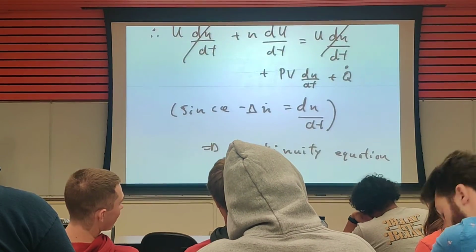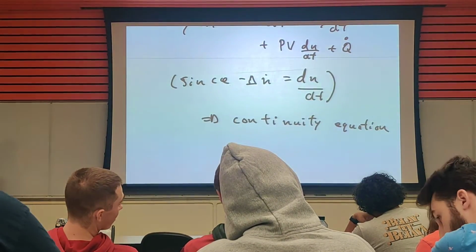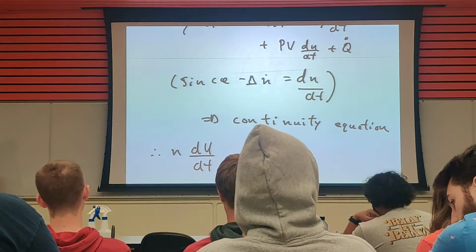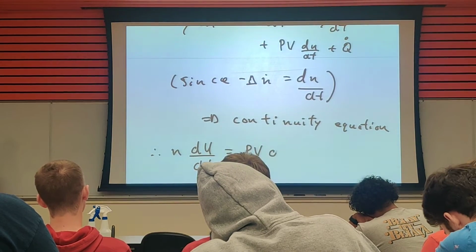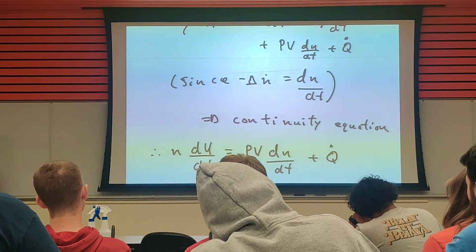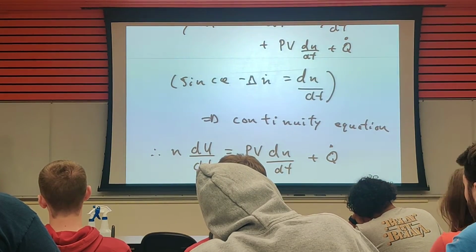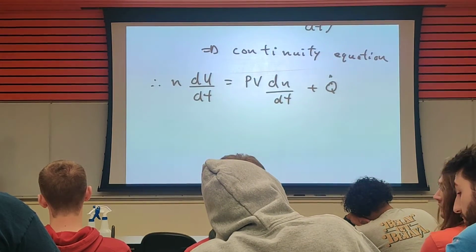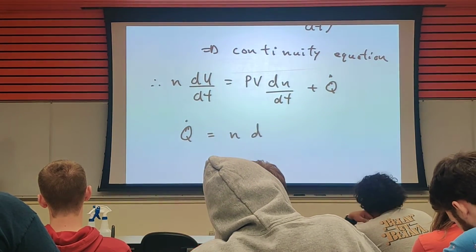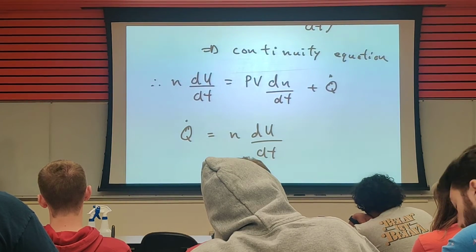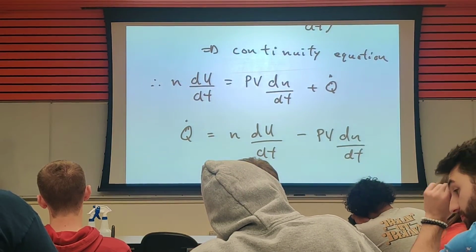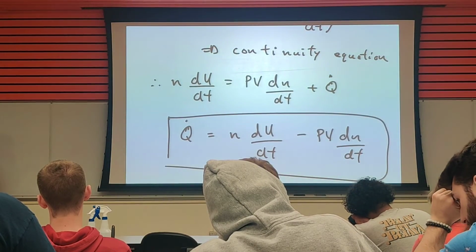So we're left with n dU/dt is equal to PV dn/dt plus Q dot. So we get that Q dot is equal to n dU/dt minus PV dn/dt. Is what we have to show.